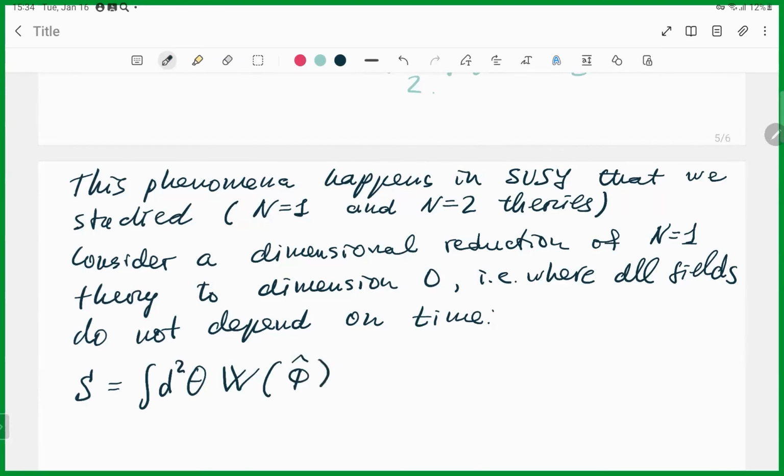We had a superfield plus we had an F squared term.